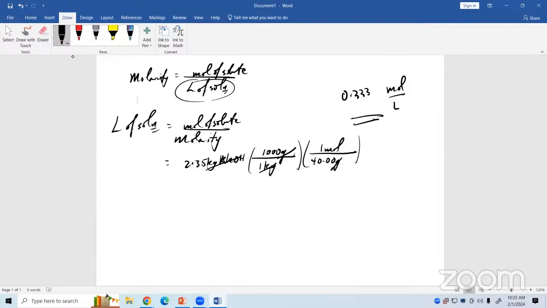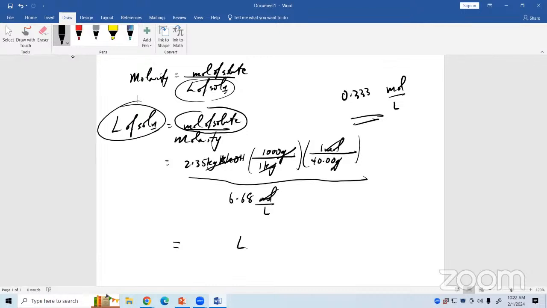The next step is, what I've done here is basically resulting in the moles of solute, which I'm going to divide by the molarity. And the molarity is 6.68 moles per liter. So the mole units will cancel out. The final answer that you're going to get here would be liters, which is what the question is asking for.